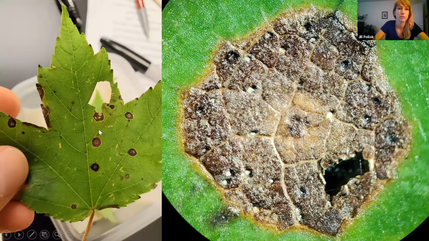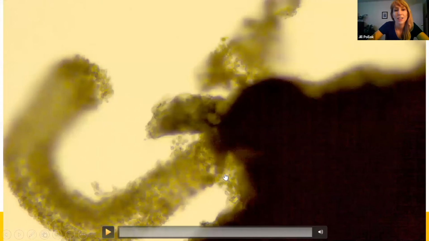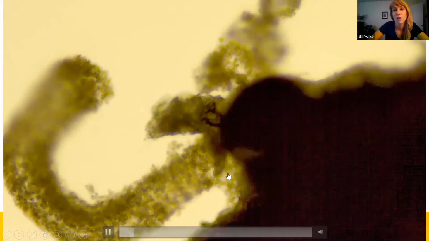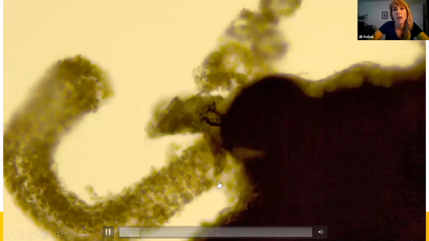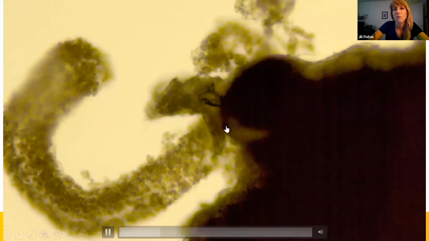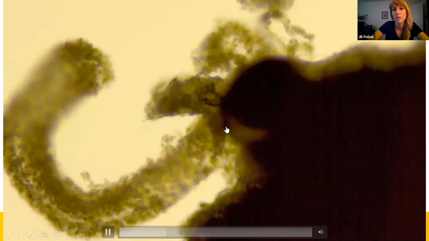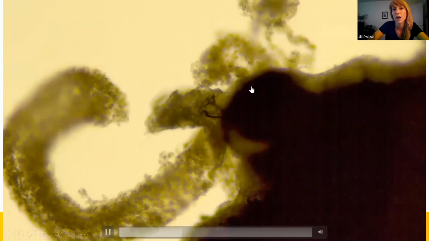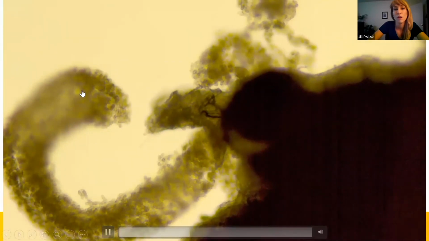There are the spores. This is a video I took of a different disease, and these are the spores streaming out of the fruiting body once they were put in water. I believe what happens is that with a lot of fungi, once their fruiting bodies get wet, the spores expand inside and there's no more room within the fruiting body, so they expel the spores.